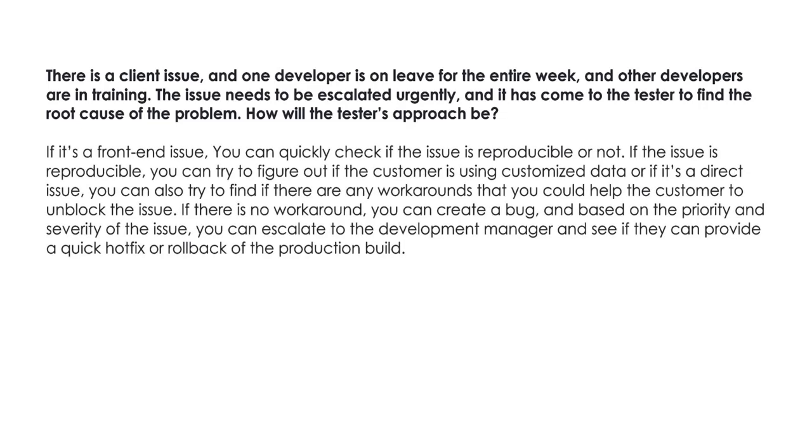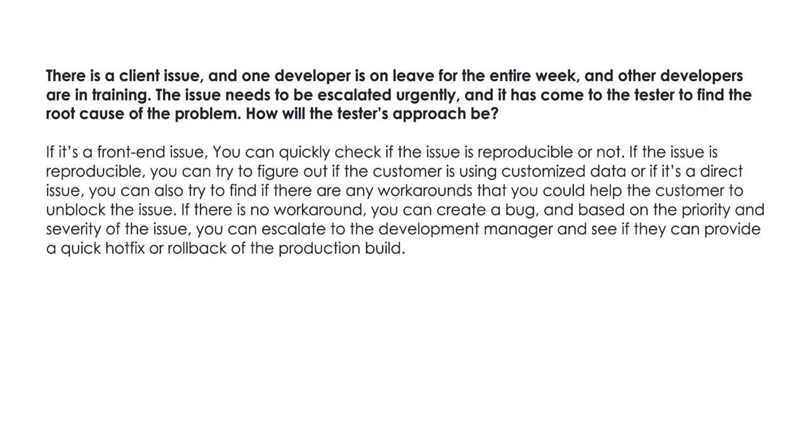So what you have to do is, if it's a front end issue, you can quickly check if the issue is reproducible or not. If the issue is reproducible, you can try to figure out if the customer is using customized data or if it's a direct issue.